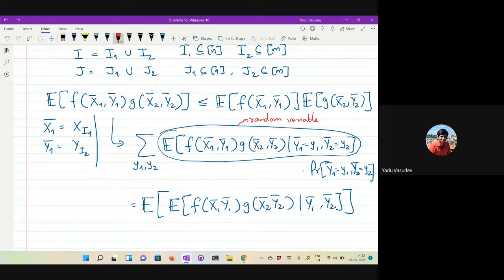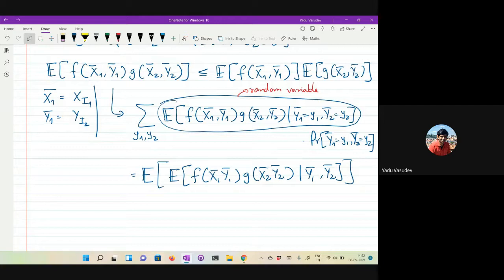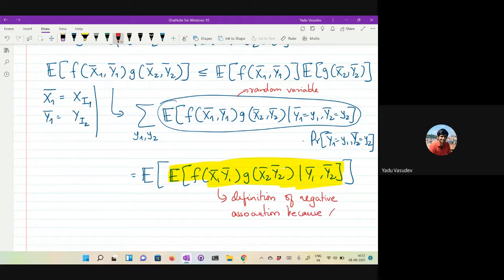Now what you want to notice is that for this conditional expectation, you can apply the definition of negative association here, because these xi's and yi's, x1 and y1, are independent.